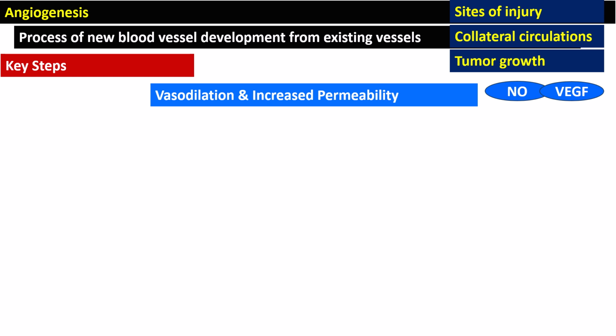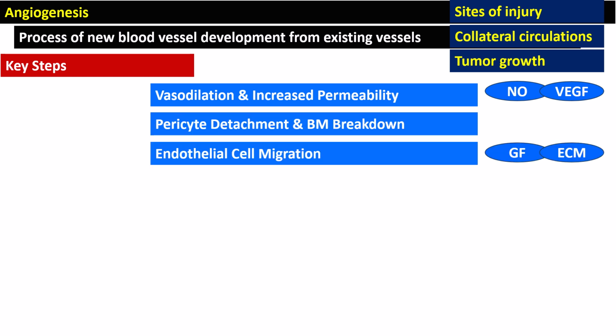Then the pericytes are detached and there is lysis, or breakdown, of the basement membrane. The pericytes detach from the abluminal surface of the existing vessels, and extracellular matrix breakdown allows for endothelial sprouting.